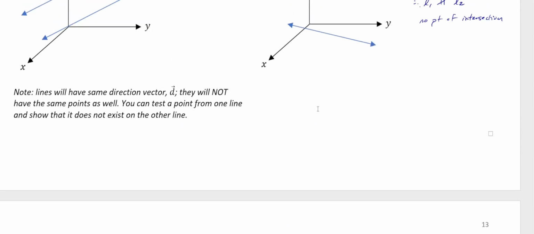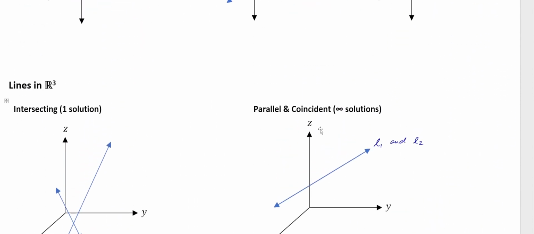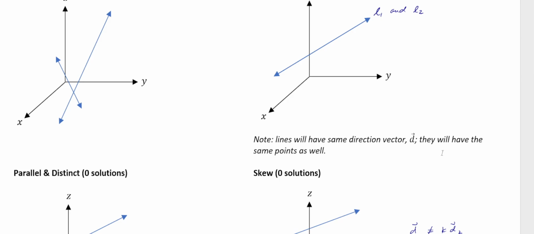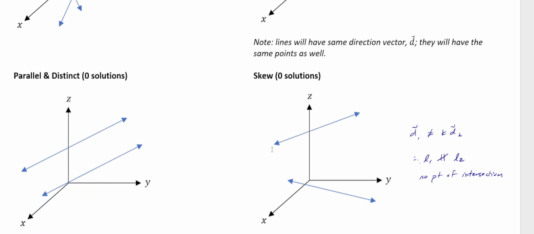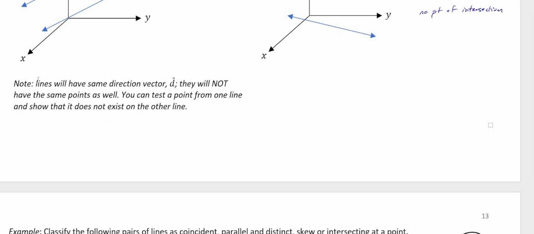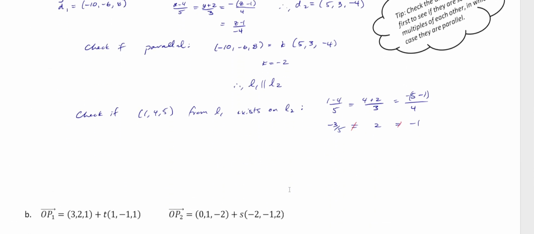So if we think about this right here, they have a multiple of the direction vectors, but they do not have the same points, right? You can test a point from one line and show that it does not exist on the other. Well, that's what we just did.